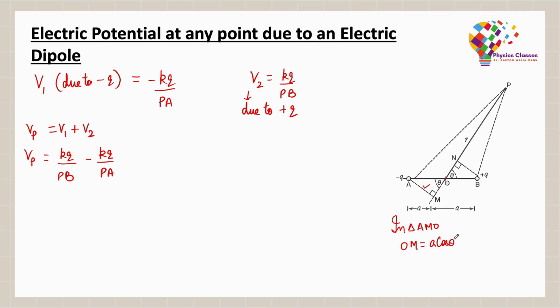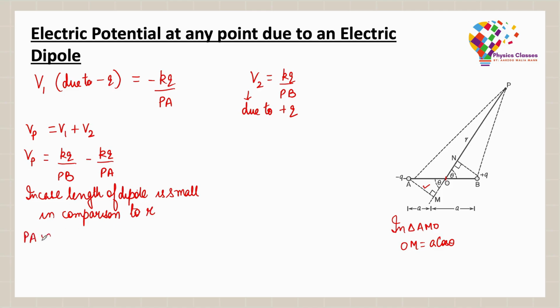Further, if this dipole is small, in case the length of the dipole is small in comparison to the distance r, then we can say that PA is approximately equal to PM.